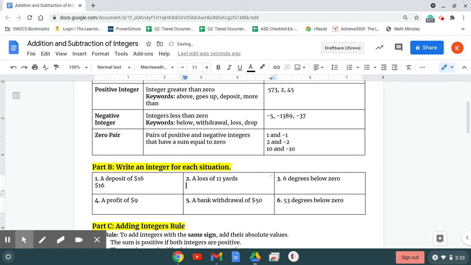All right, number 2, a loss of 11 yards. If I'm playing football and I lose yards, is that going to be positive or negative? So again, we can look up here and find our positive and negative integer keywords, find that loss means negative. Or you can think of it, if I'm losing something, I'm going back. If I go back, that's negative. So negative 11.